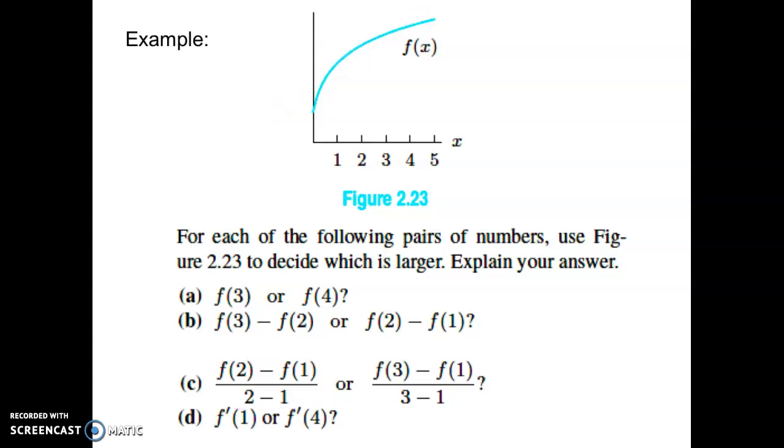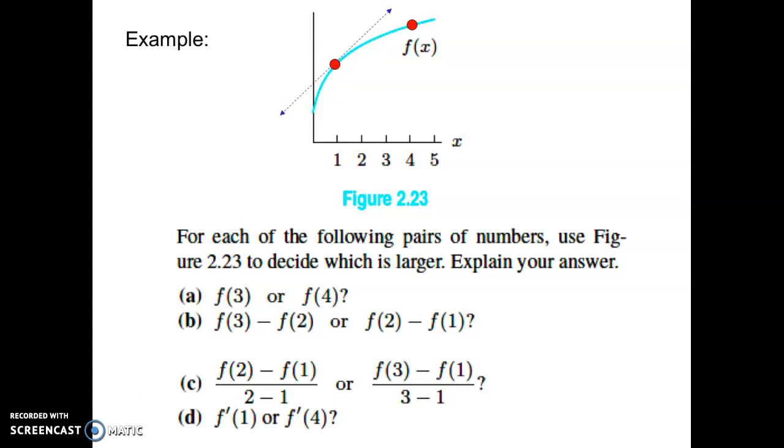Last question, which one's bigger, f prime at 1 or f prime at 4? What does that mean? That means the derivative of the curve or the slope of the curve at one point, or the tangent line to the curve, slope of the tangent line to the curve. Here's f of 1, here's f of 4.